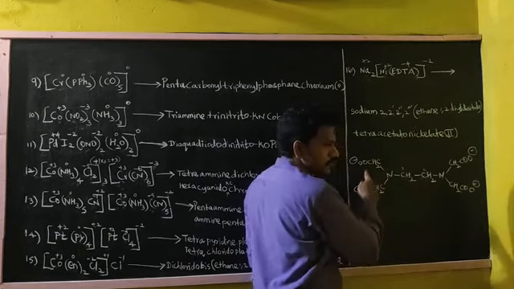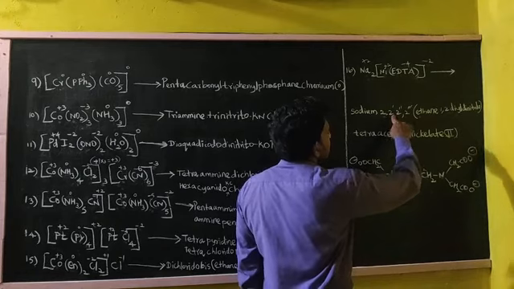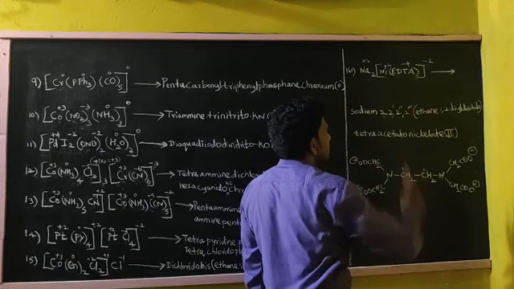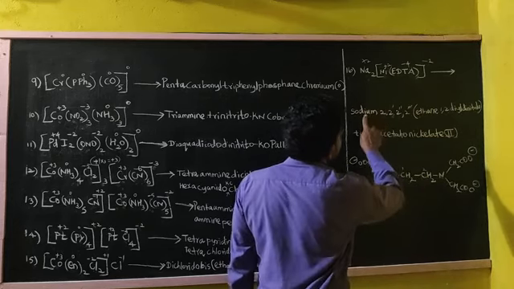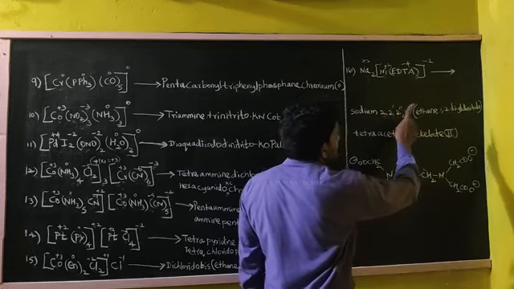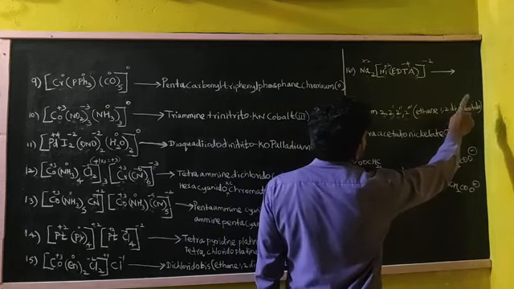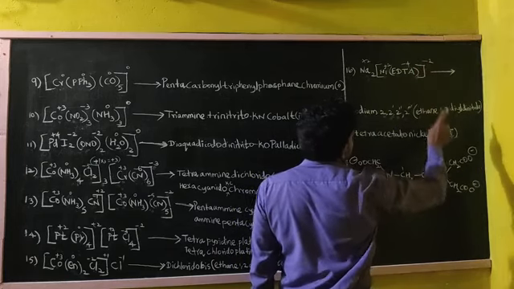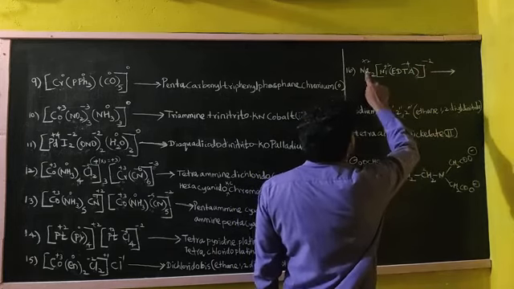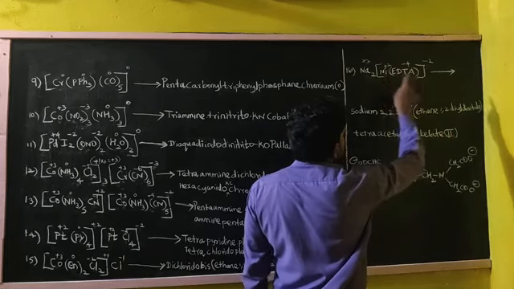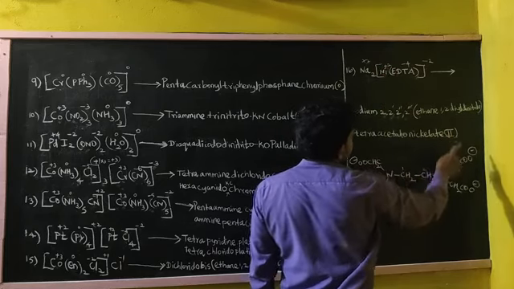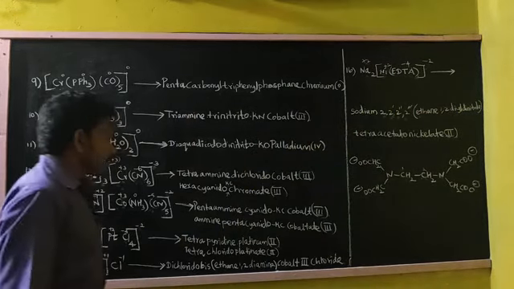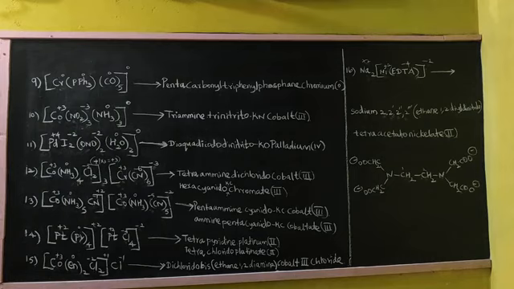The tetraacetate positions are 2, 2 dash, 2 double dash, 2 triple dash. That is given. Sodium 2, 2 dash, 2 double dash, 2 triple dash, ethane 1,2 diyl dinitrilo tetraacetate, nickelate. Total coordination charge minus 2. That's why nickelate. Nickel oxidation state 2, mentioned with the Roman numeral, right? Okay, thank you.